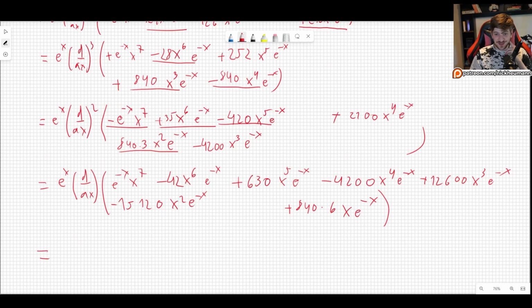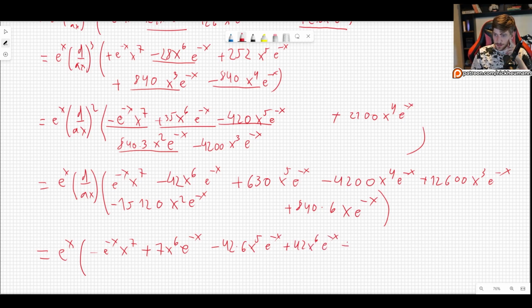So the last derivative now, e to the x. Whew, so minus e to the minus x, x to the seventh, plus 7x to the sixth, e to the minus x. And then we have minus 42 times 6x to the fifth, e to the minus x, plus 42 x to the sixth, e to the minus x.